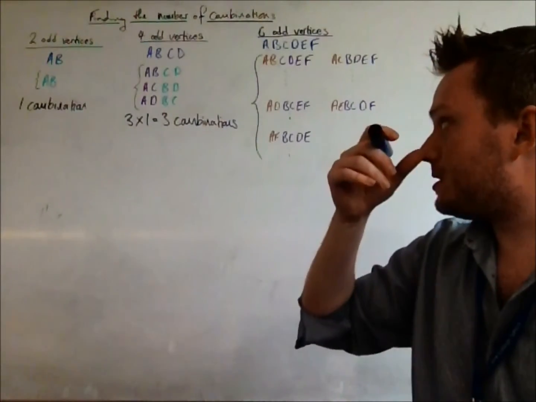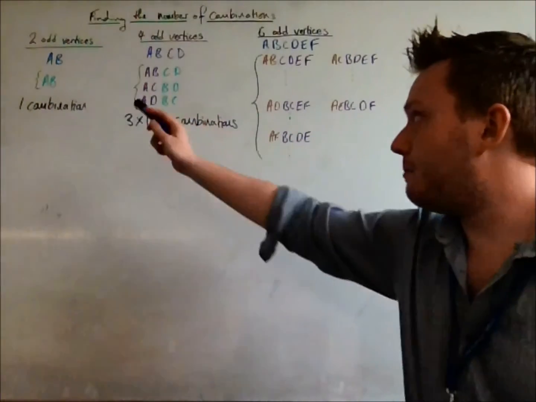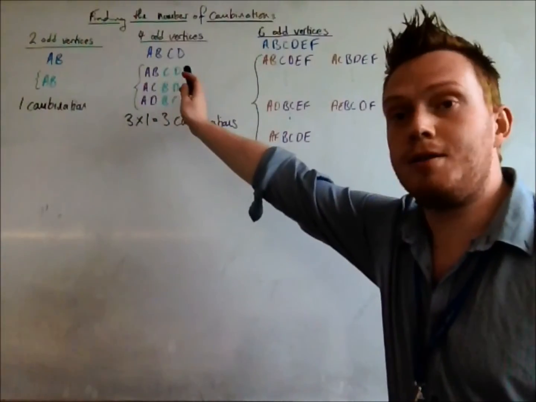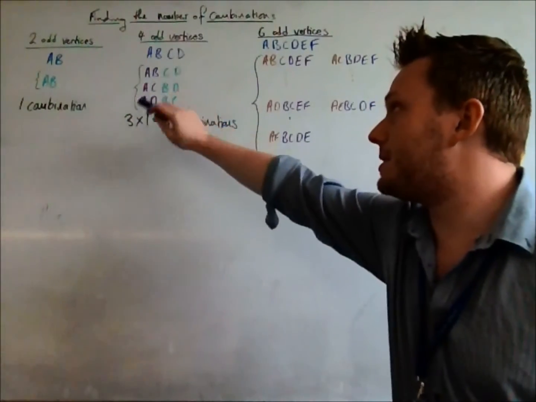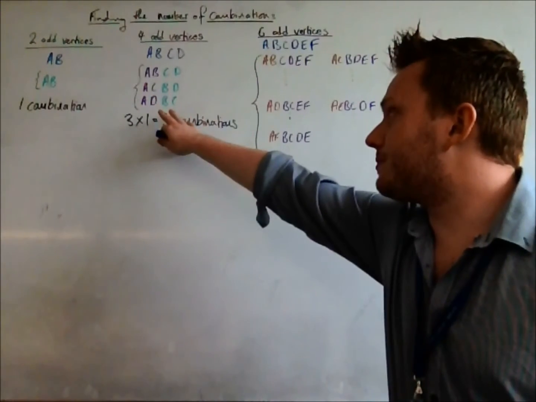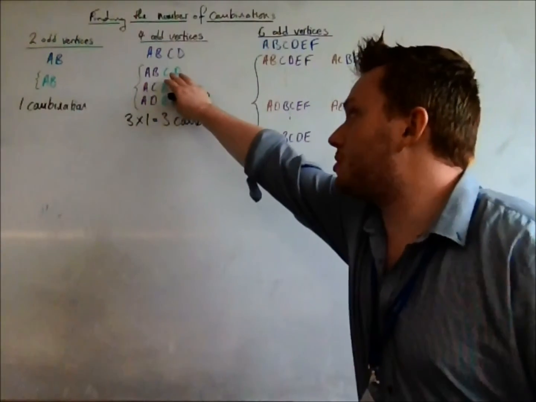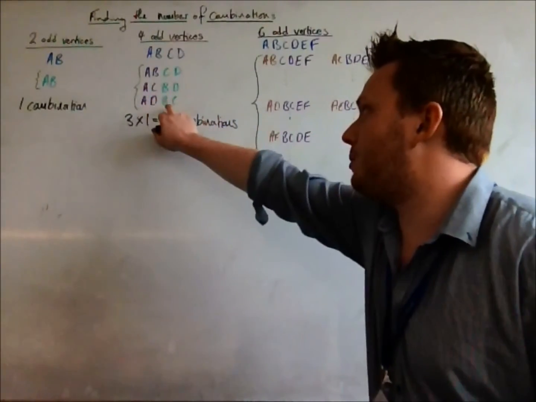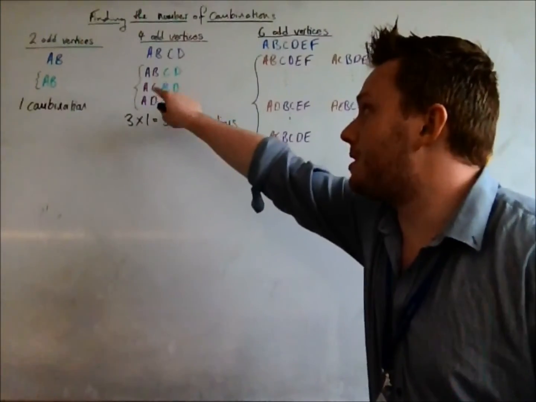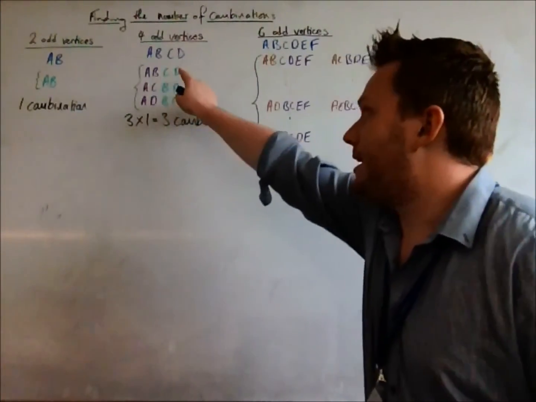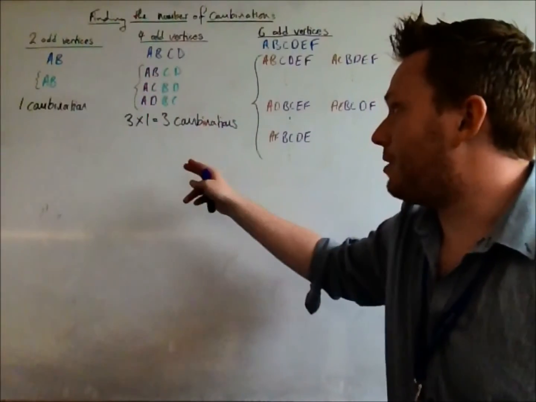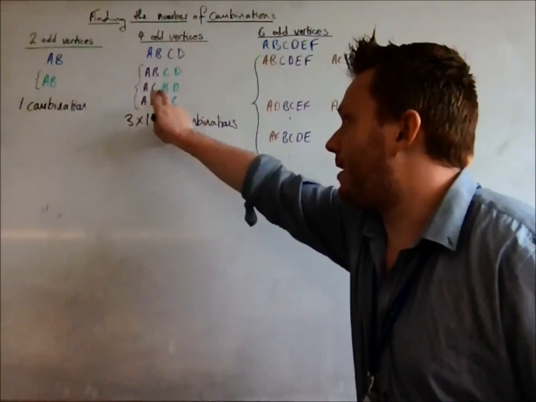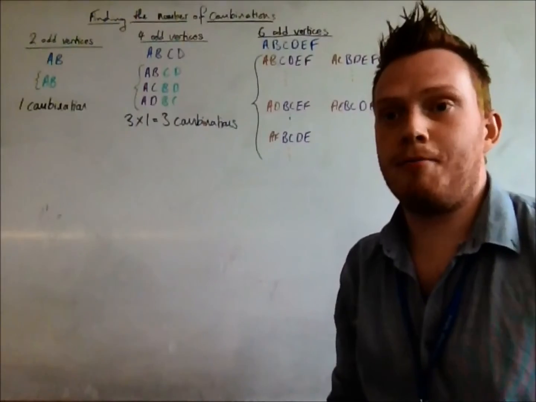If I've got 4 odd vertices, A, B, C and D, then I can pair A with B, A with C, A with D. So there's 3 different ways I could pair up A, and then I'm left with 2 nodes, and I already know how many different ways there are of pairing up 2 nodes.